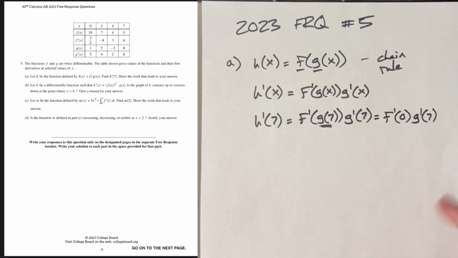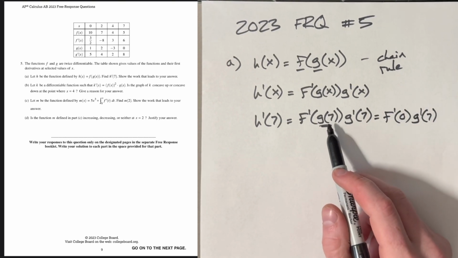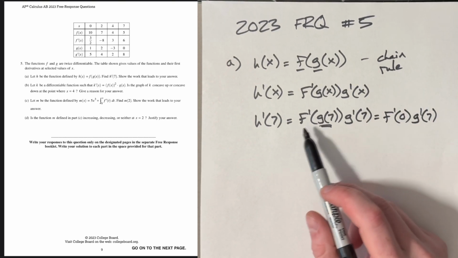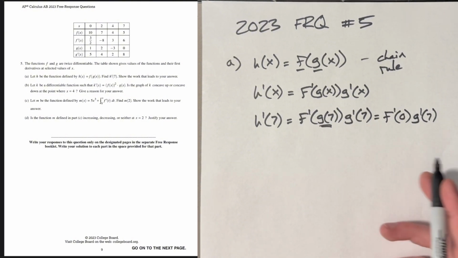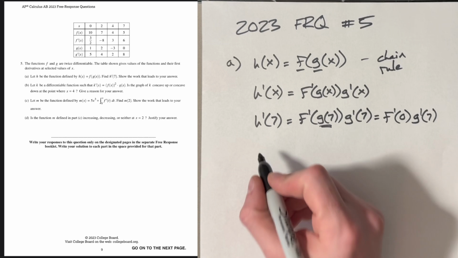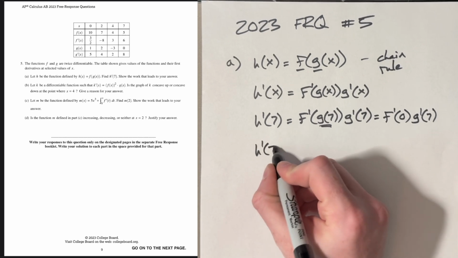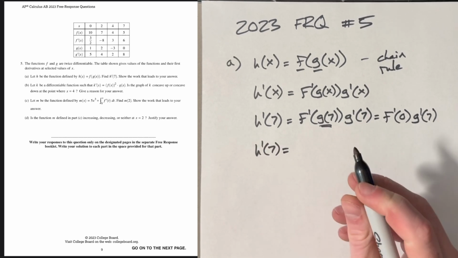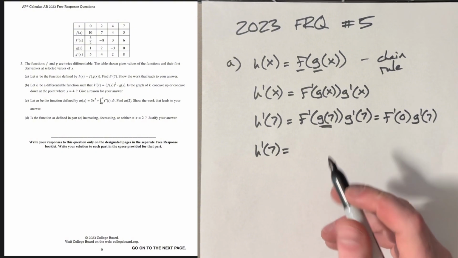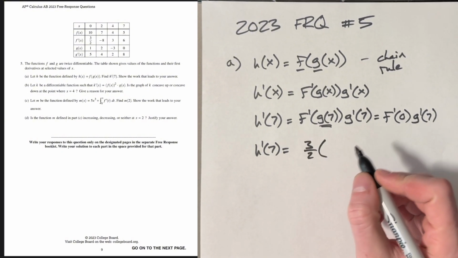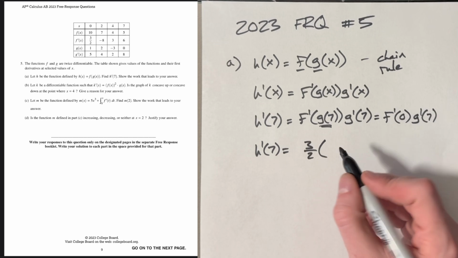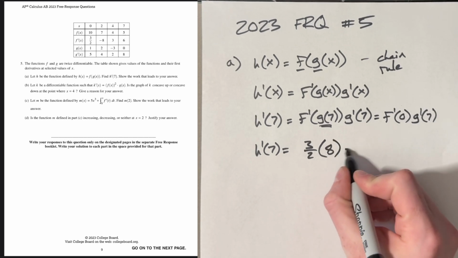We have to be careful. When we get 0 for g of 7, we're not multiplying 0 by something, because it is the inner function here. So now we just need to evaluate these two. h prime of 7 will equal f prime of 0, which is equal to 3/2, multiplied by g prime of 7, which is equal to 8.